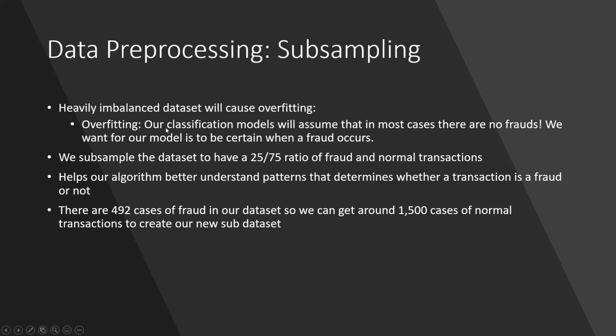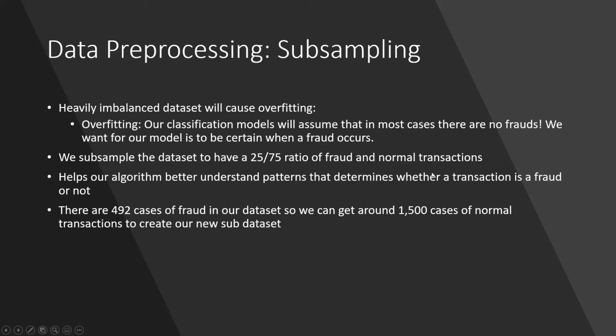And why we want to do this: we want to avoid overfitting, which is the model learning what is a good transaction but not learning what is a fraud at all. And we subsample at a 25-75 ratio, where we want 25 of it to be fraud and 75 not to be. And that's why we get around 1,500, because we had around 500 frauds.